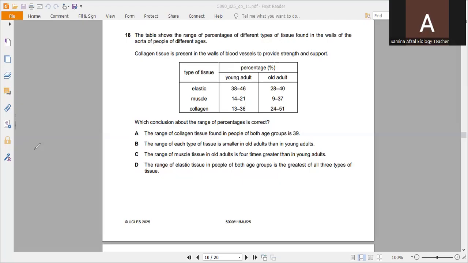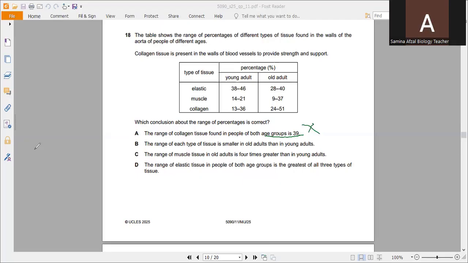So they are saying that both groups are 39, but it does not show only one number, it shows a range. So the range of collagen tissue found in people of both age groups is not 39. This is not a correct option.